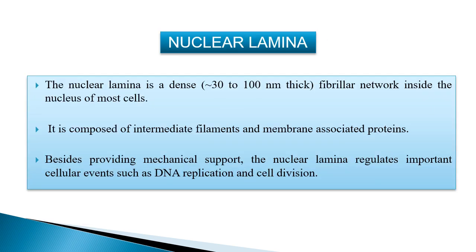The nuclear lamina is a dense fibrillar network inside the nucleus of most cells. It is composed of intermediate filaments and membrane-associated proteins. Besides providing mechanical support, the nuclear lamina regulates important cellular events such as DNA replication and cell division.